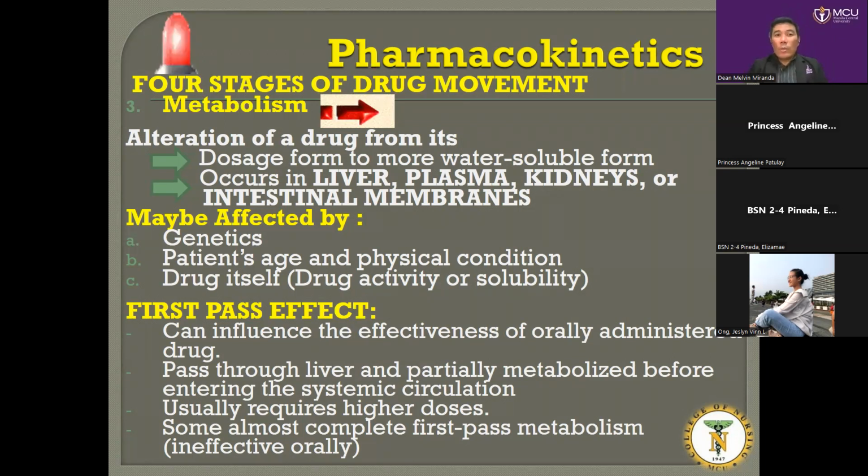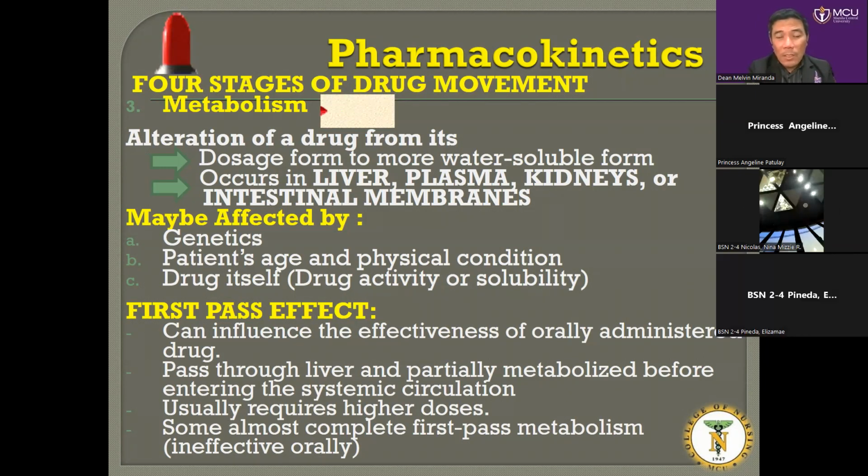Usually, metabolism could be greatly affected by genetics. Since we have identified that drugs could be metabolized in the liver, the plasma, the kidney, and intestinal membrane, any genetically acquired, inherited diseases or familial history of these affected organs will determine a problem with metabolic response to drugs.